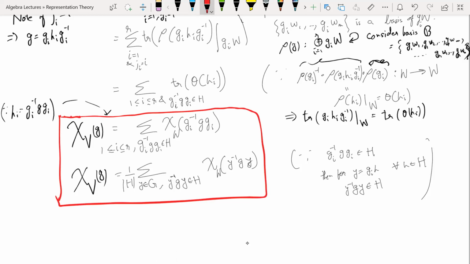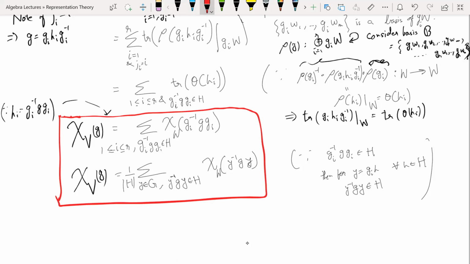So there are two equivalent formulas, one in terms of representatives, the other free of representatives. Let's try to reinterpret this. You're summing over y in G the character of y inverse G y.